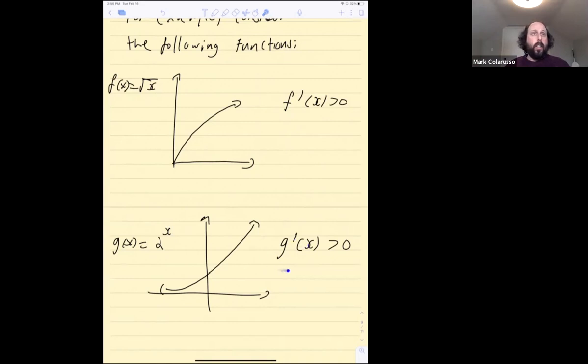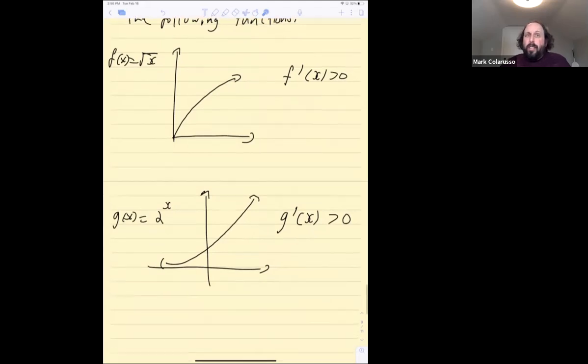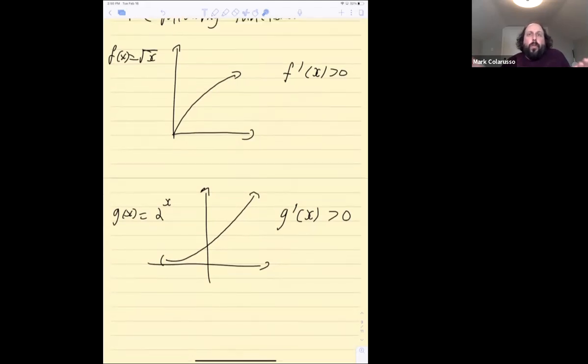The derivative is positive. But you should notice that these graphs are very different. That's one problem: we have a positive first derivative for both of these functions, and the graphs look totally different.